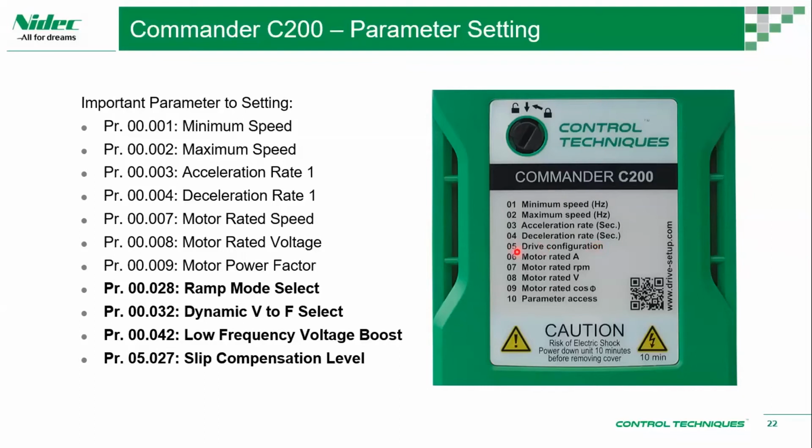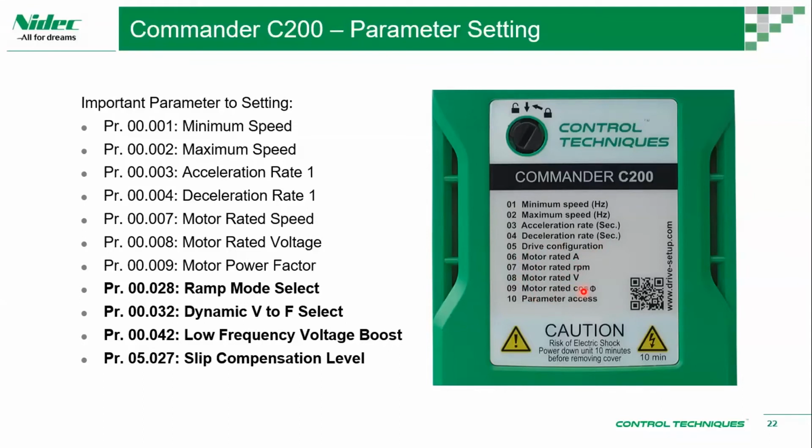And also we need to put in the motor nameplate here. I suggest you do this because in some cases the drive will not run properly. So we need to put in the motor rated ampere, motor rated RPM, motor rated voltage, and also the motor rated cos phi if you have it.